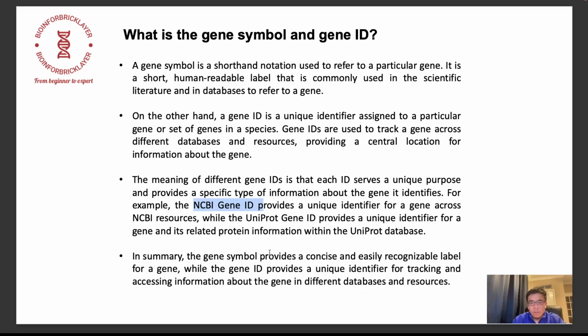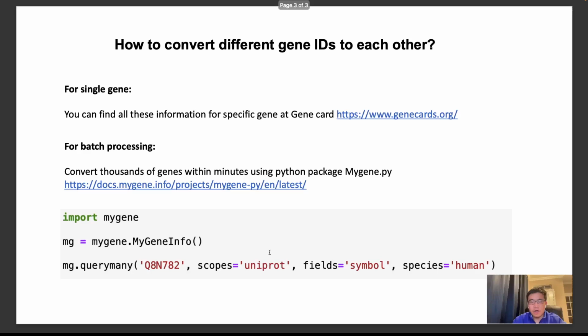What I'm going to introduce in detail is how we can convert different gene IDs, because in our daily work we may have a column of gene IDs from Ensembl or from UniProt and want to get the gene symbol, or we have a column of gene symbols and want to retrieve some annotation from a certain database, but we need the identifier for that database.